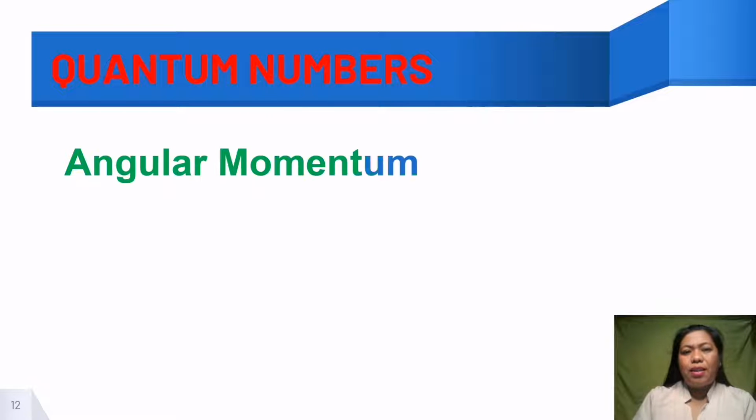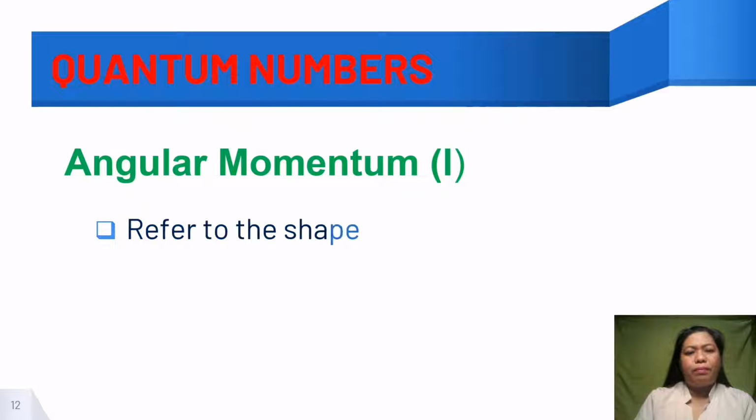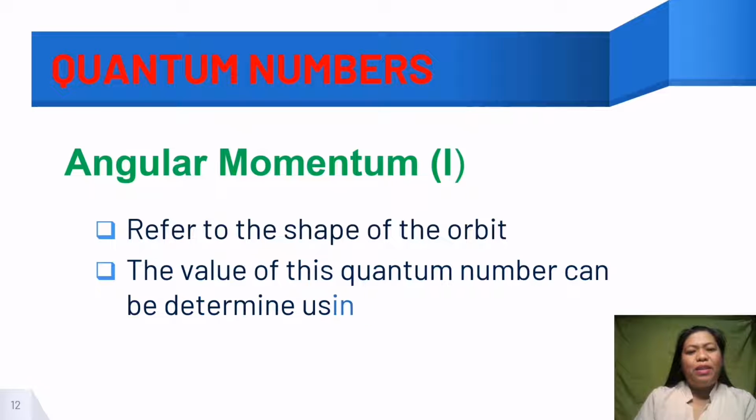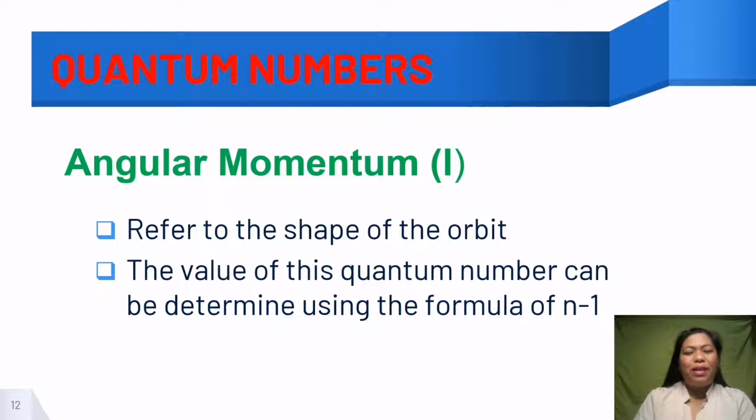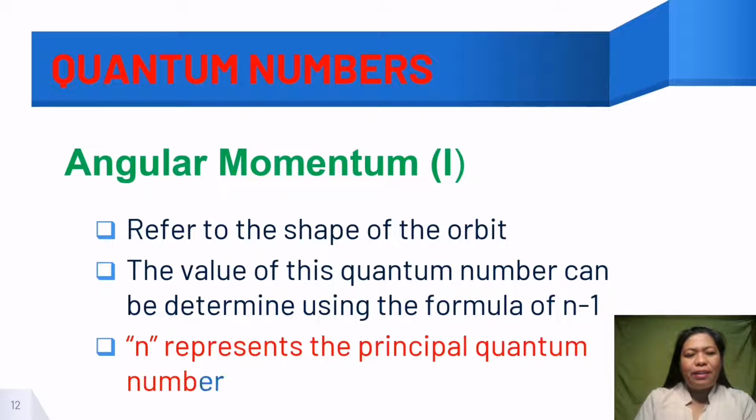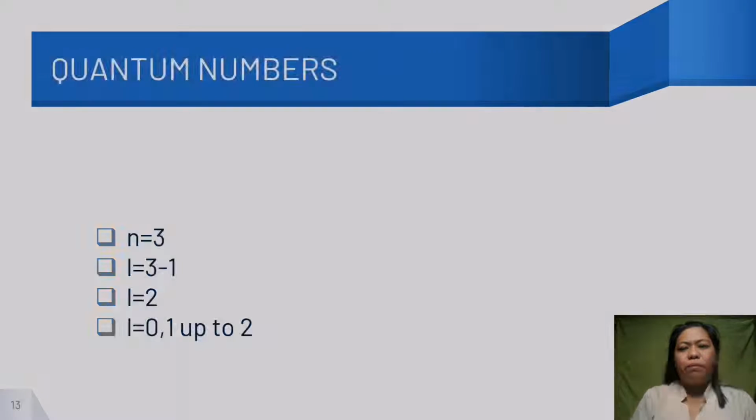The second quantum number is angular momentum. This is represented by the small letter l. This refers to the shape of the orbital. The value of this quantum number can be determined using the formula n minus 1, wherein n represents the principal quantum number.